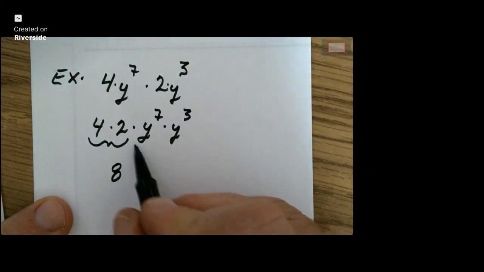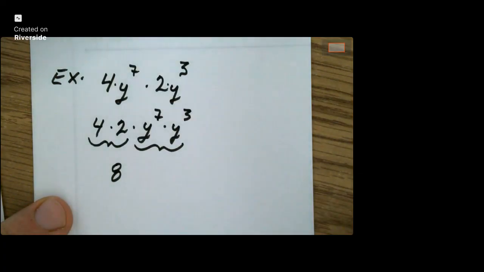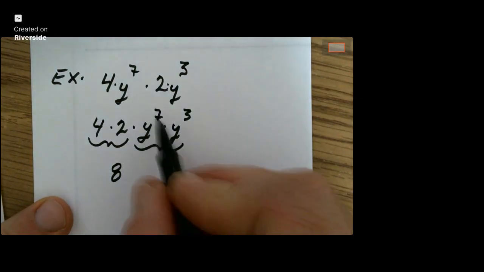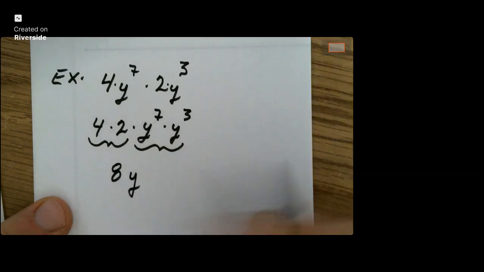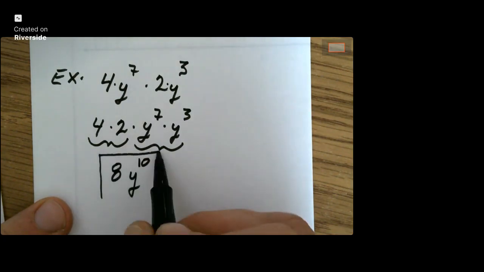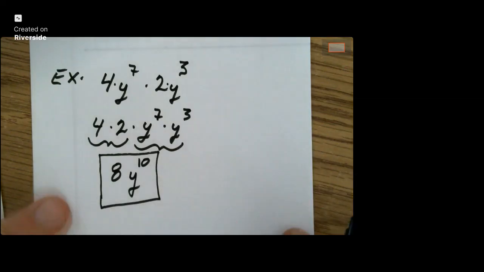And then we have a power times a power with the same bases, y. So we can use our shortcut: we pass our common base along and we add our exponents, 7, 8, 9, 10. And there we get a good answer. We could call our answer 8 times y to the 10th, or a little bit nicer, 8y to the 10th.